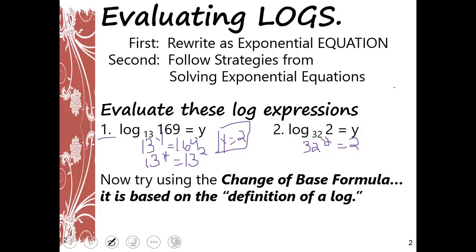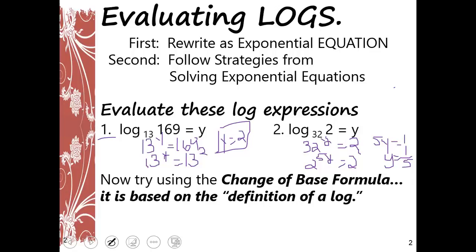So I'm going to write 32 as 2 to the 5th, raised to the exponent of y, equals 2 to the 1st. That means now my bases are identical, so 5y has to equal 1, and so y has to equal 1/5.